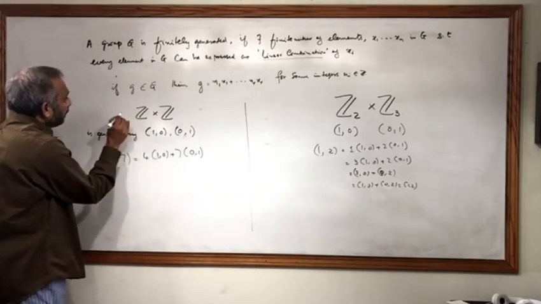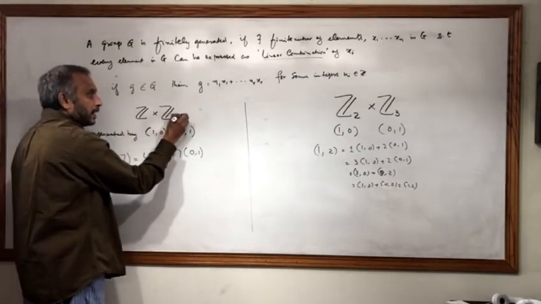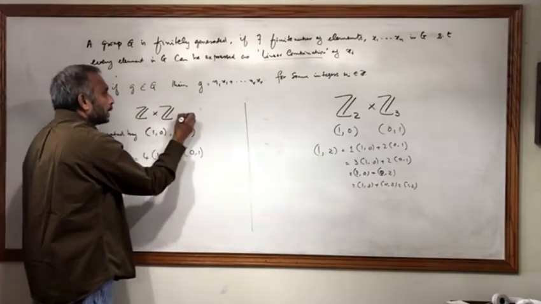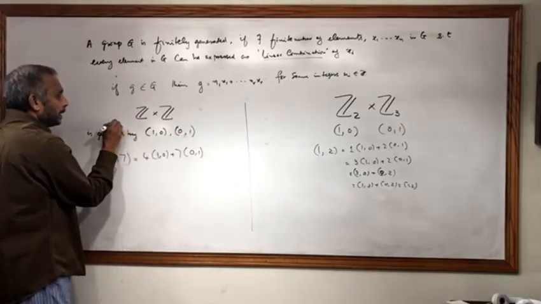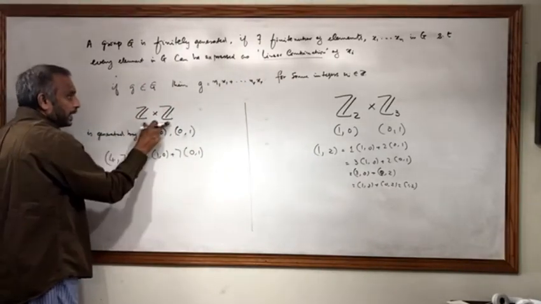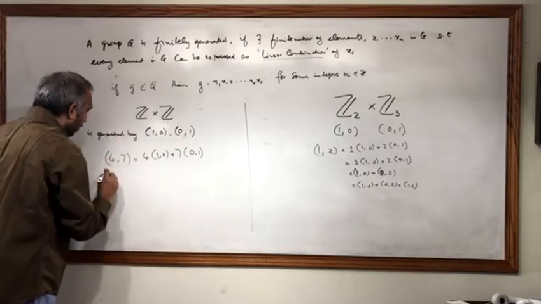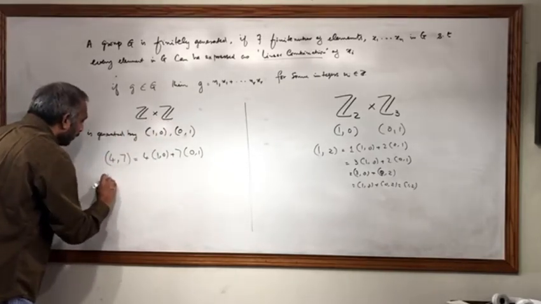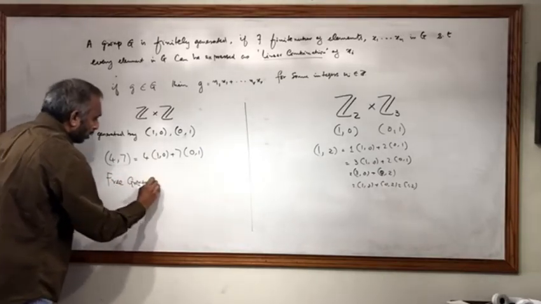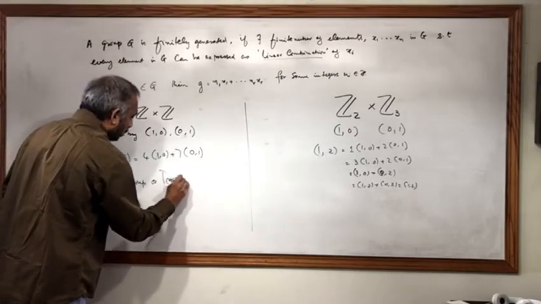So when a group is finitely generated and it is uniquely expressed as a linear combination of the generating elements, then it is called free groups or torsion-free groups.